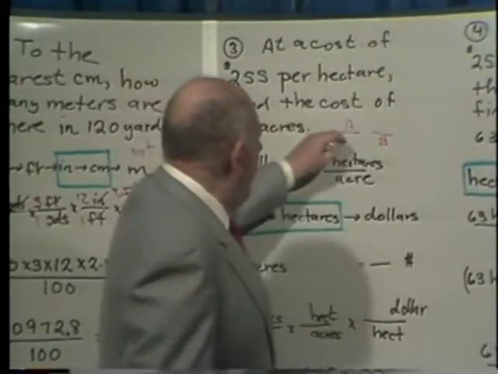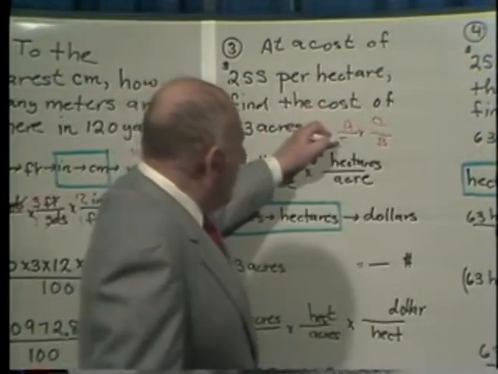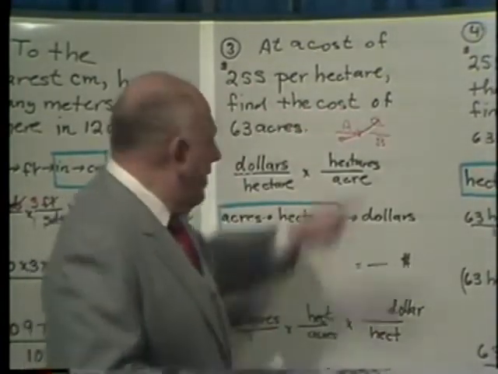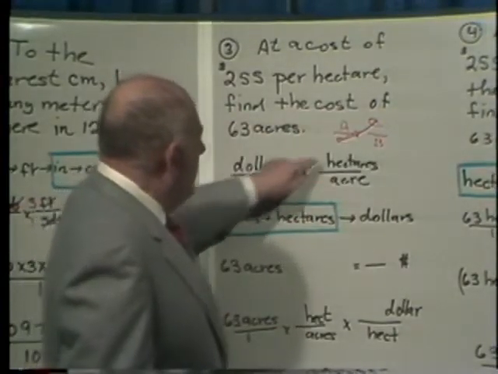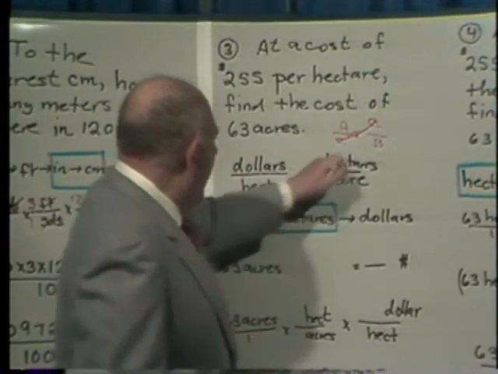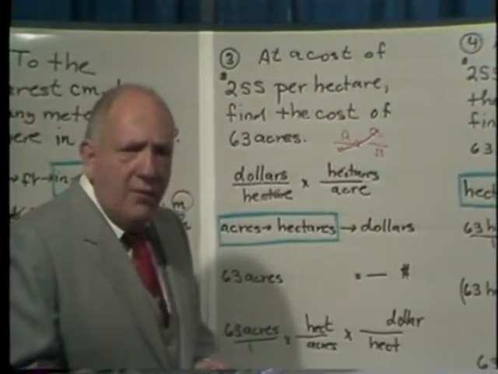You can make up any noun you want over here. Call those C's. And A's per C's multiplied by C's per B will give you A's per B. You see, I take dollars per hectare, multiply that by hectares per acre, okay? The hectares will cancel, and that will tell me how many dollars it's costing me for an acre.